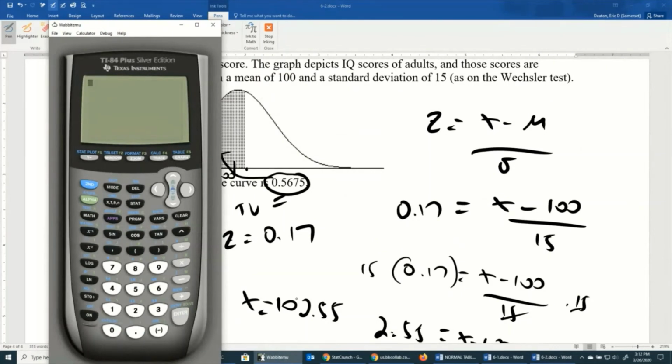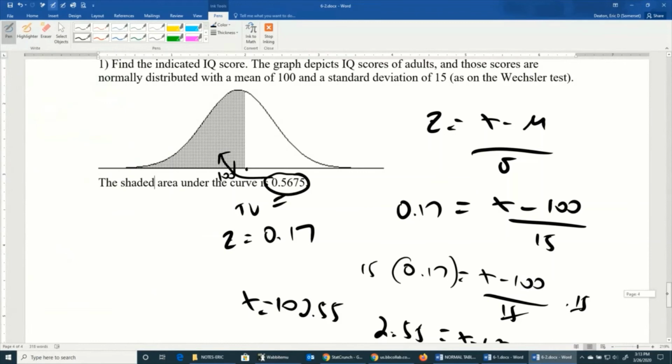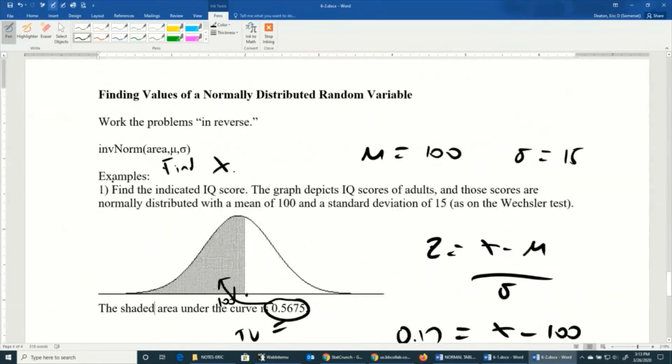This is a backwards question. This is an inverse norm. Second vars 3. So we need the area to the left. It's always the area to the left. Inverse norm is always the area to the left. So that's 0.5675, comma. Let me minimize this just so you can see. See that? Comma, mean, comma, standard deviation.